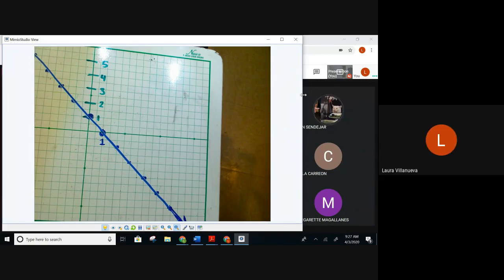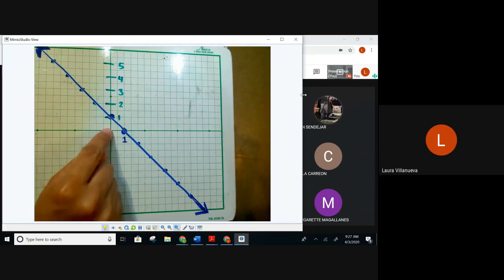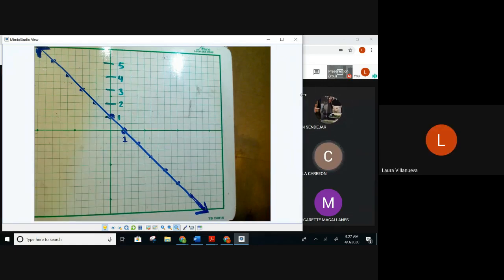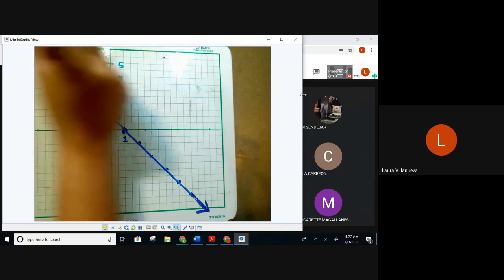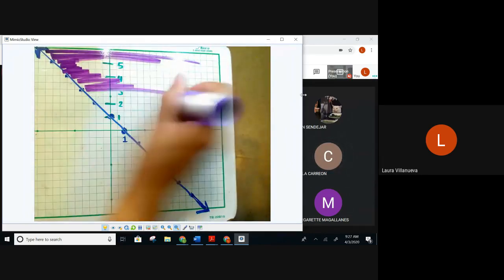Okay, so you have your line, right? It doesn't have to be perfect, but it does have to be a little bit legible so that you can see the points at least a little bit. So then you know that 0, 0 is right here. And I'm going to shade in on top of my line. So my shaded area is actually all of these points.